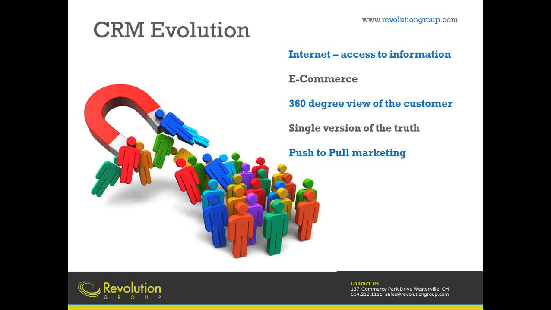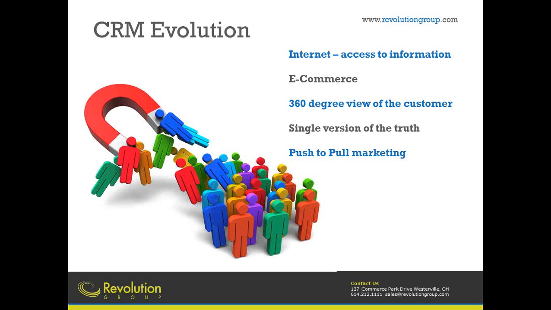E-commerce has greatly changed the way people buy and sell, being able to buy online or to source product online. There's a requirement now that organizations have all past, present, and future information about their customers and their prospective customers.